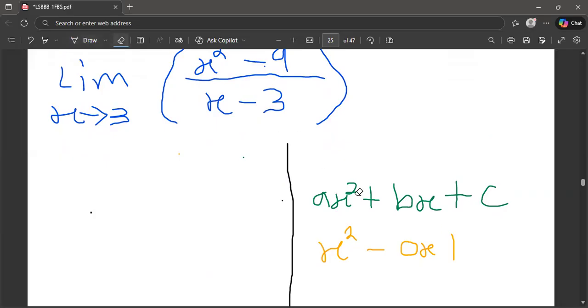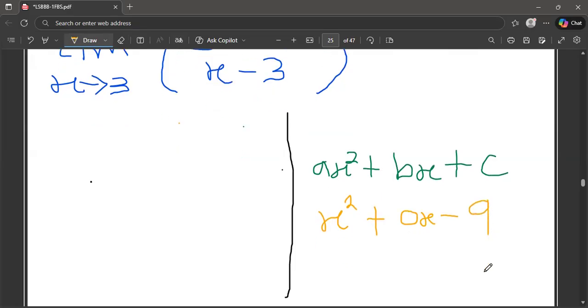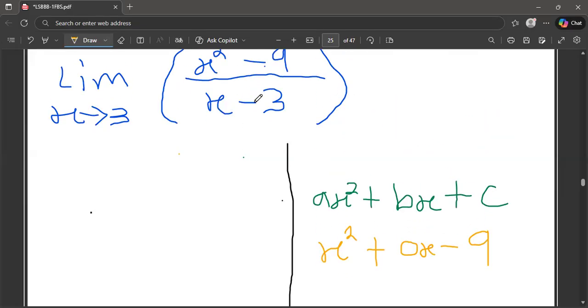That is what is actually happening over here. So you have to solve this quadratically, so that at the end of the day you can get your answers before you put it into this to be able to solve.